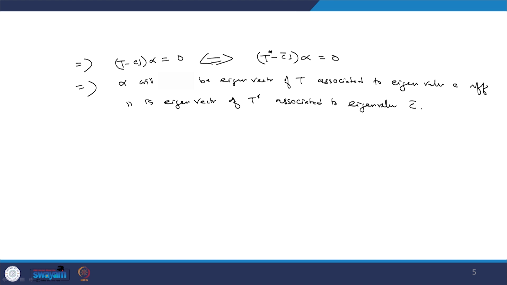So, we have seen under what conditions a non-zero vector of the space V will be an eigenvector of the operator T, where T is a normal operator.